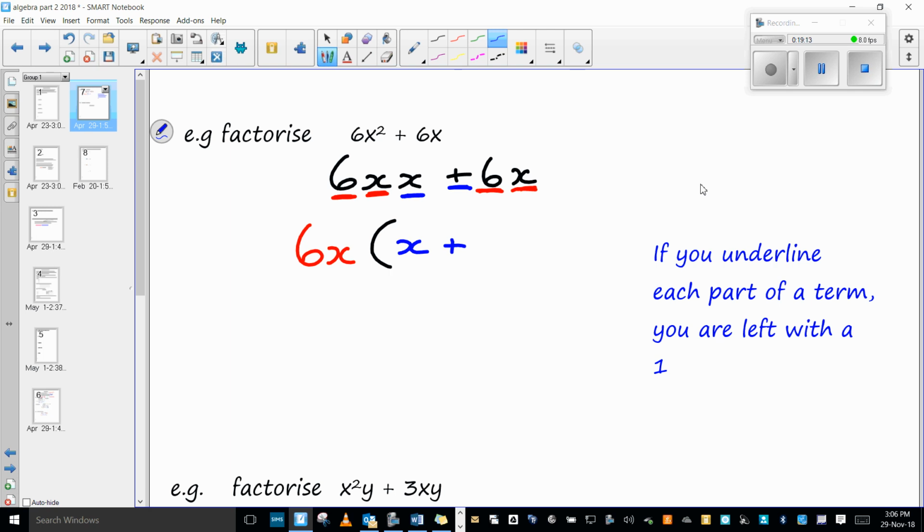Now, if you have underlined each part of a term, you are left with a 1, because remember, there could be a secret 1 next to anything. So you would just write plus 1. Not leave it blank or write plus 0. You would write plus 1. Sarah, if you had 2 x's on one side and 2 x's on the other side, you wouldn't have that, because you would be drawing them as like terms.